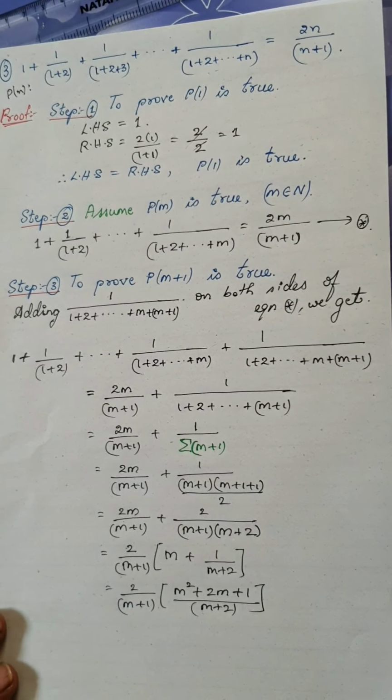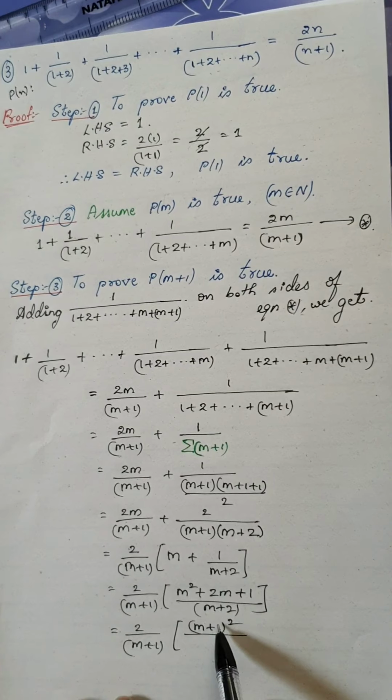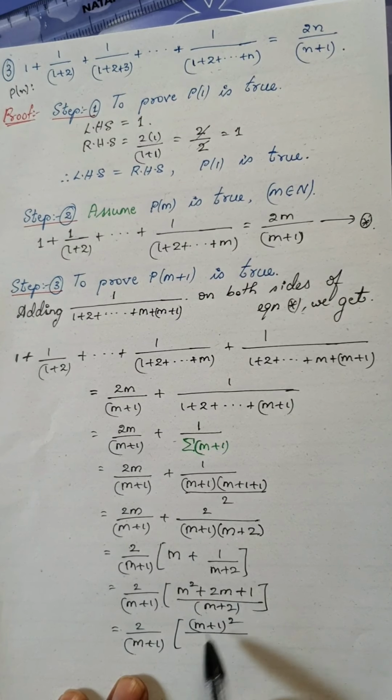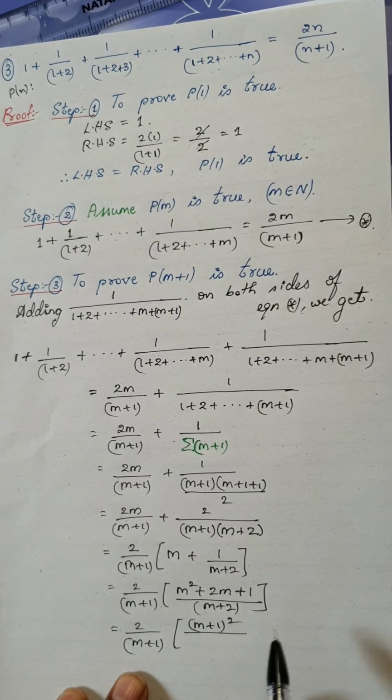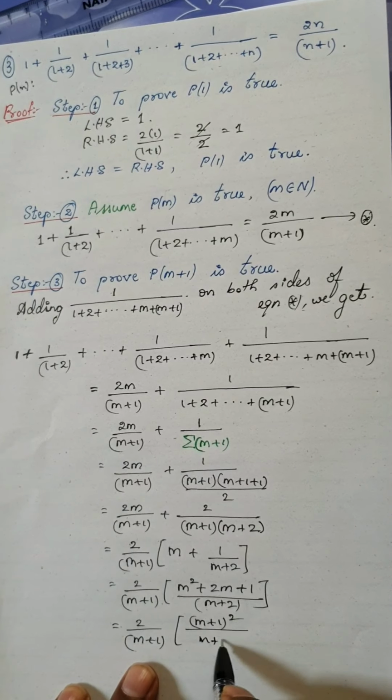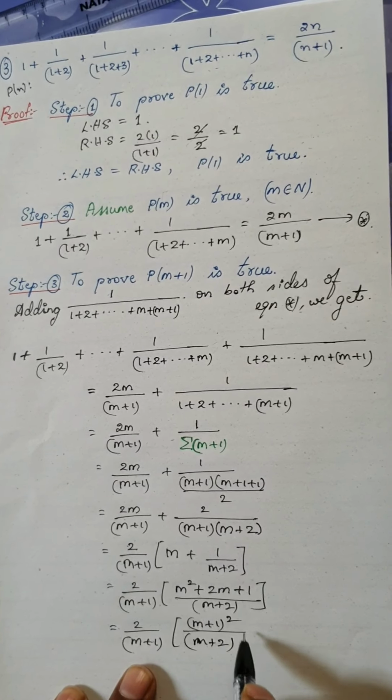You can try it because it's quite simple. The numerator I'm going to write as m plus 1 whole square, because if you expand this you are going to get it while practicing. Only when you practice you will come to know. Otherwise you factorize this, you will get both the terms as m plus 1 into m plus 1, and the denominator is nothing but m plus 2.